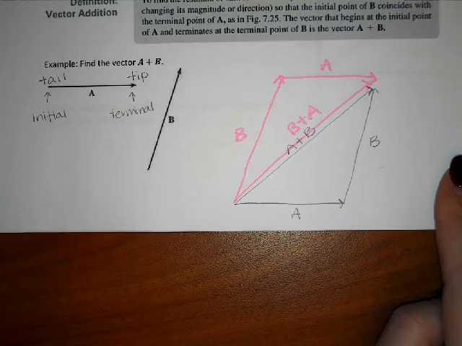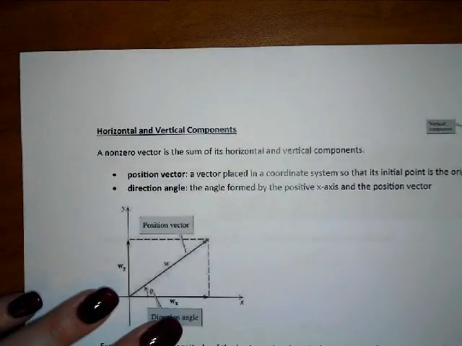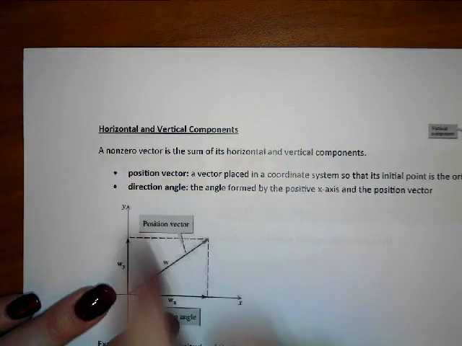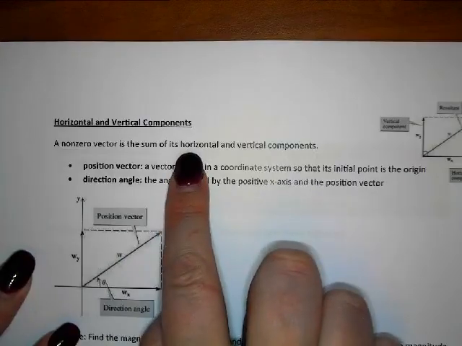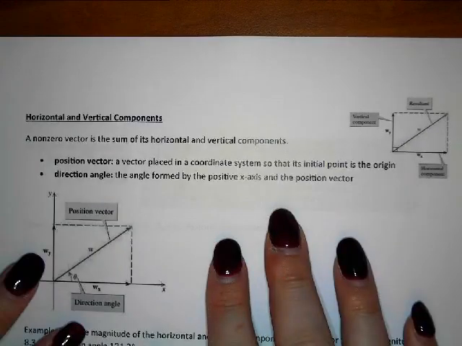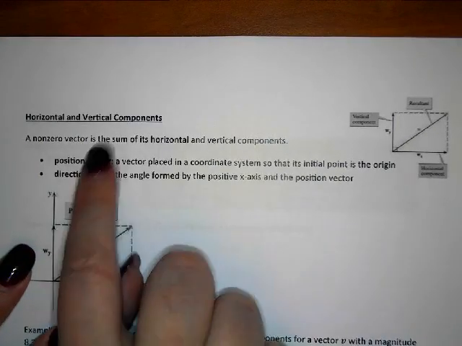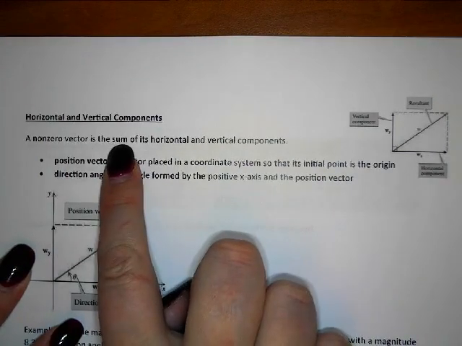All right, if we look at the next page, I mentioned this already, but it says a non-zero vector is the sum of its horizontal and vertical components. So I already mentioned that we've got the horizontal and the vertical components, but now they're getting a little more specific. They're saying that a vector is the sum of its horizontal and vertical components.